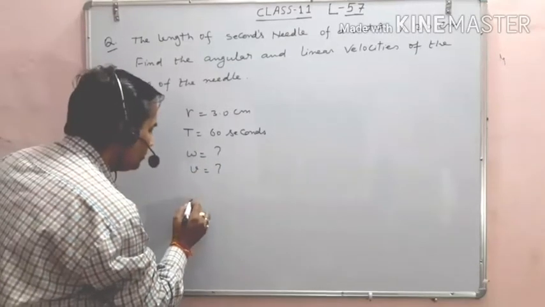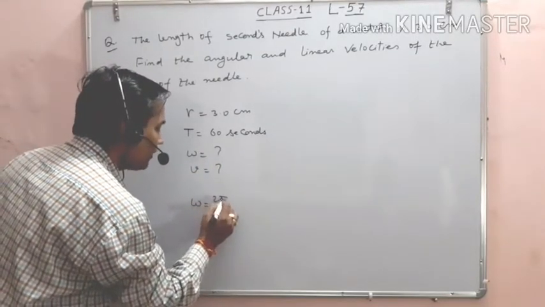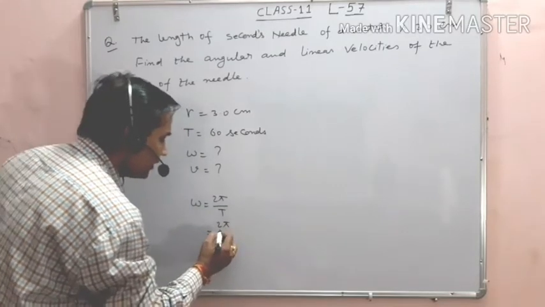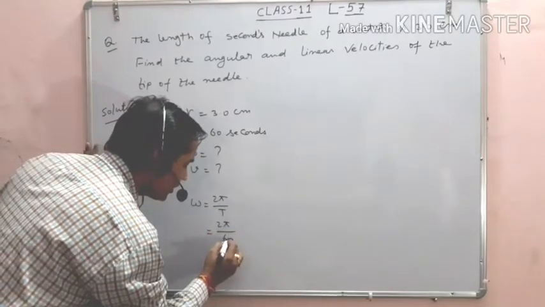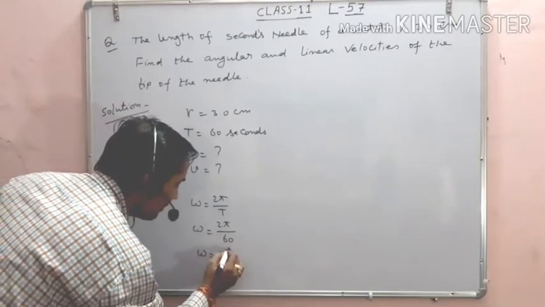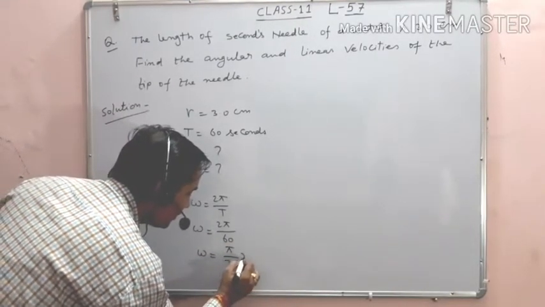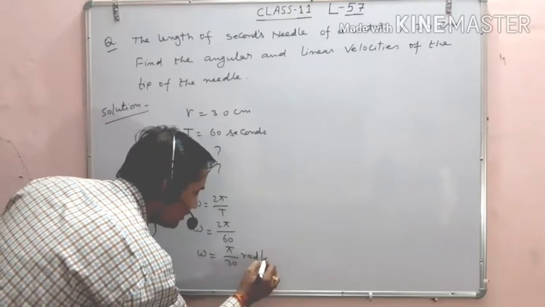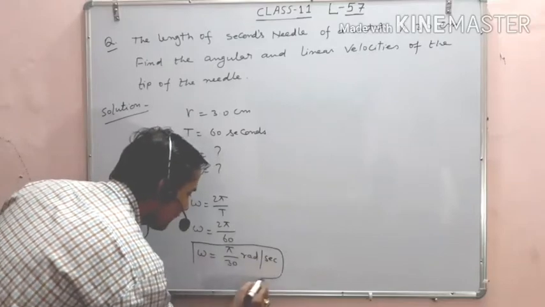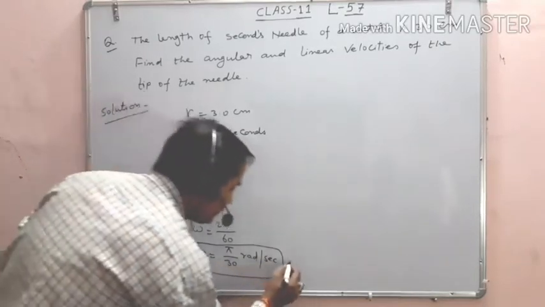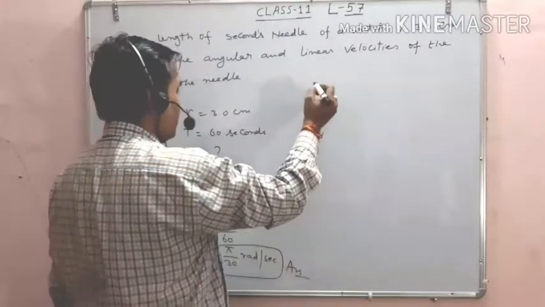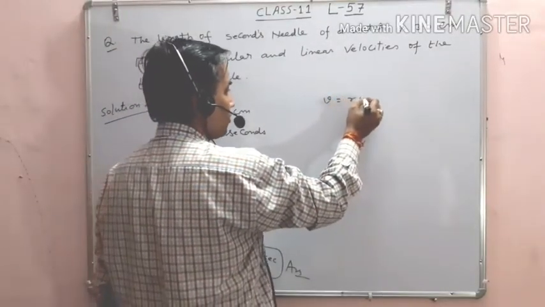So you know omega is equal to 2 pi upon capital T. The second needle time period is 60 seconds. So omega becomes pi upon 30 radian per second. This is your first answer. Now second, you know v is equal to r omega.